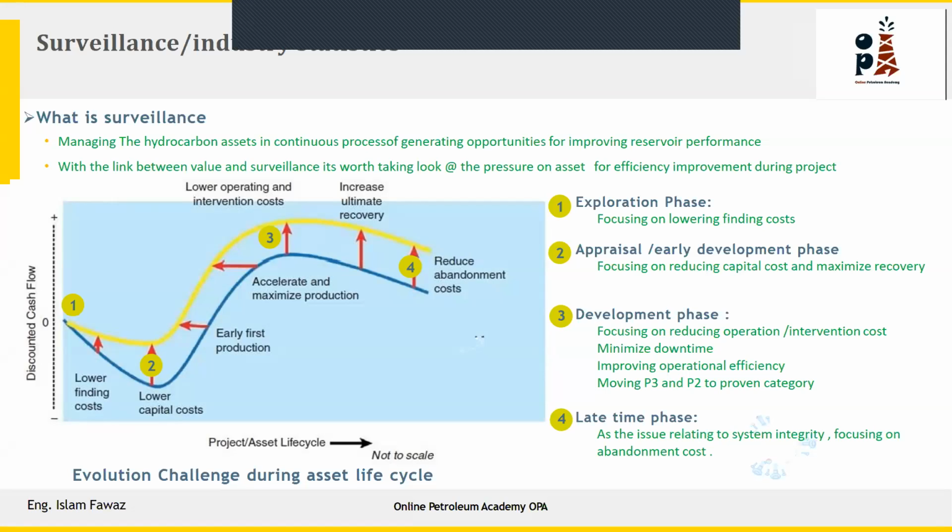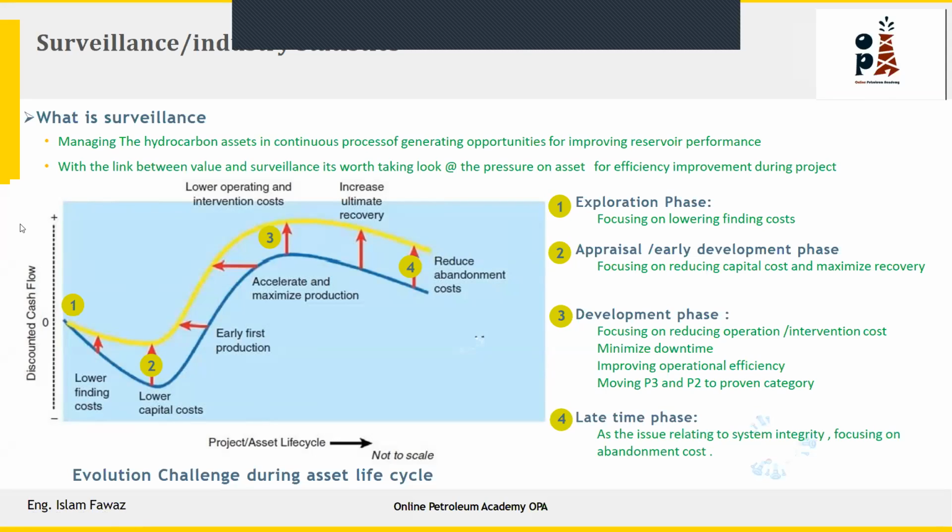So, the link between value and surveillance: all the time we are under pressure on the asset for efficiency improvement during the project. As you see in this picture, the project asset life cycle, which is not to scale, in terms of discounted cash flow. Through this process, we have challenges during the asset life.